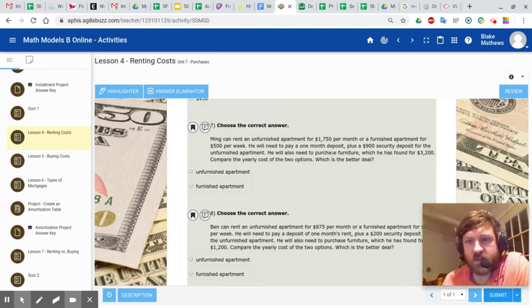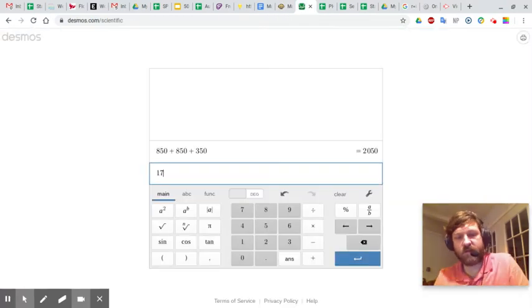So this is what you're going to do here. You just multiply everything out. It's 1,750 per month, so 1,750 times 12 because it's per month.